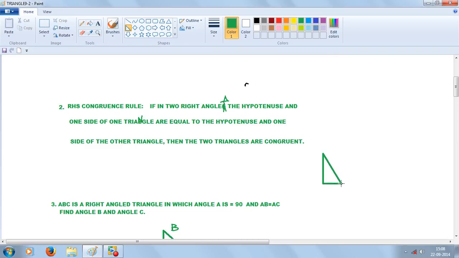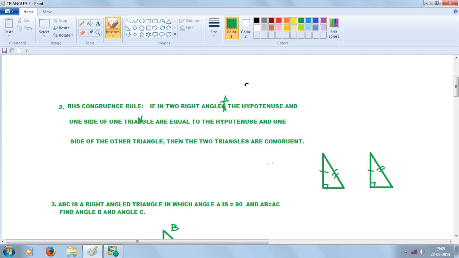We will draw two right angle triangles. What the theorem says: if the hypotenuse is equal to the hypotenuse, and it is a right angle, and another side is equal, then the two triangles are congruent.